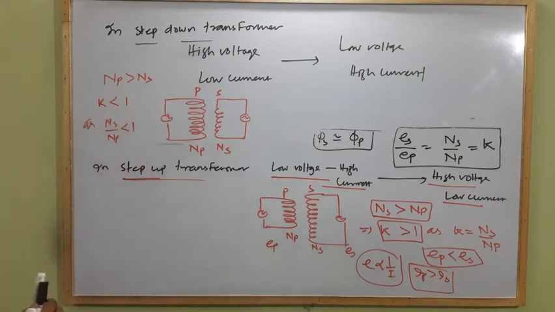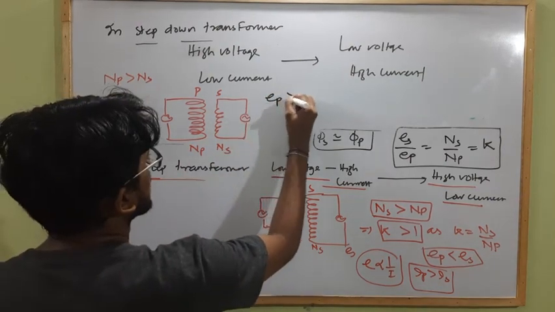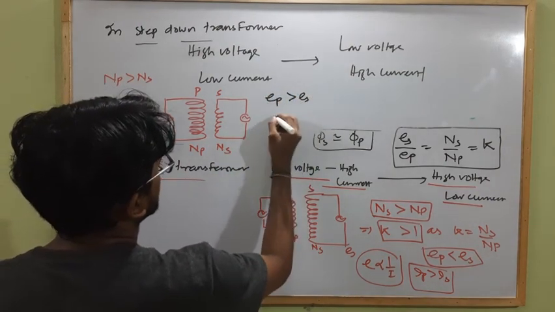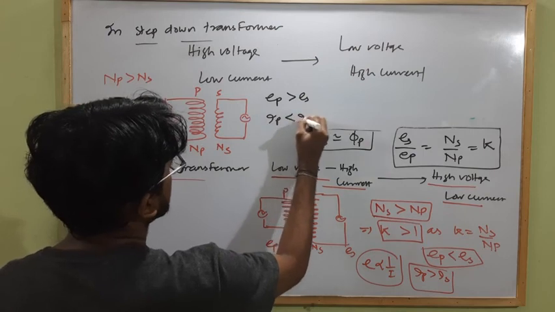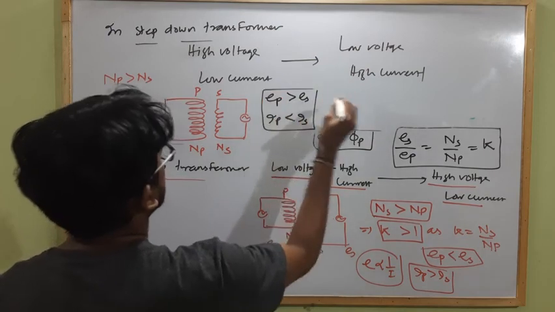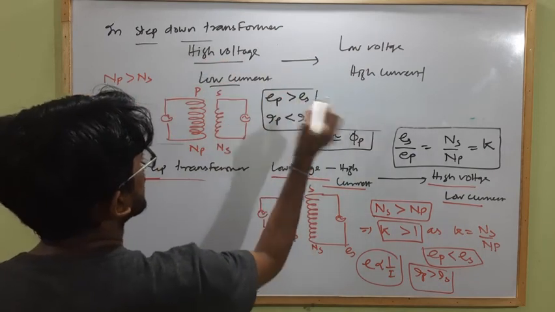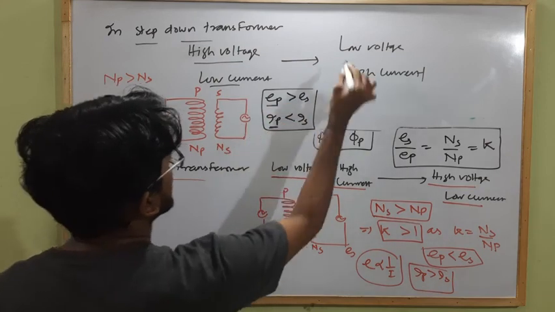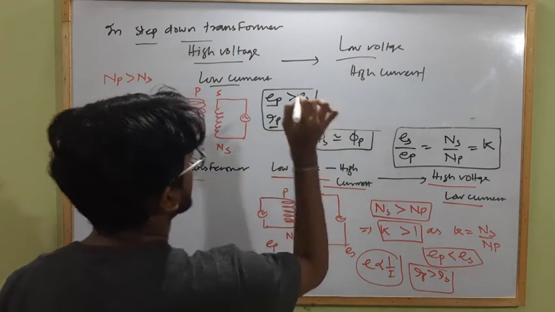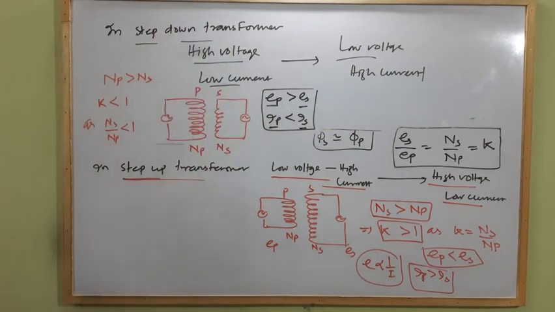Clear? And as NP is greater than NS, EP is greater than ES, so IP is less than IS. Clear? High voltage, low current into low voltage, high current. This is known as a step down transformer.